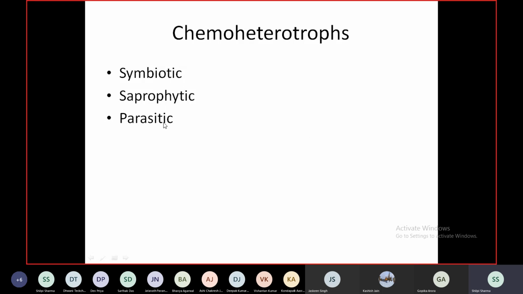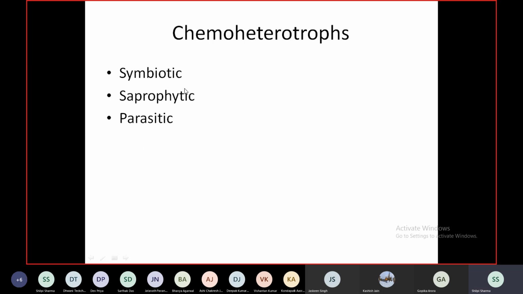I think we have talked about this as well, but I would just like to specify here. Saprophytes are those bacteria which obtain their food from dead and decaying organic matter, while parasitic are those bacteria that obtain their nutrition from the tissue of the hosts on which they grow. So this is from live tissue that they grow on.